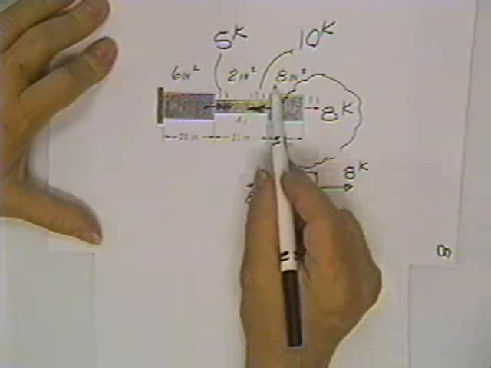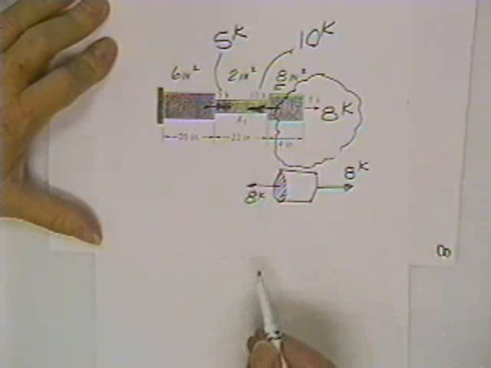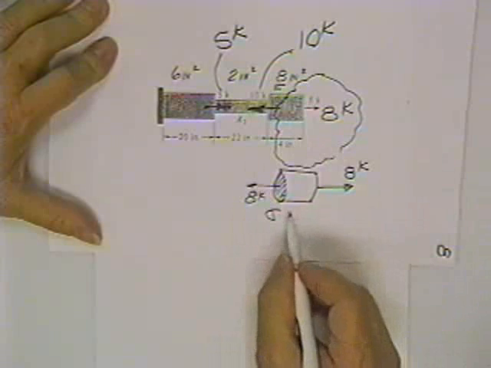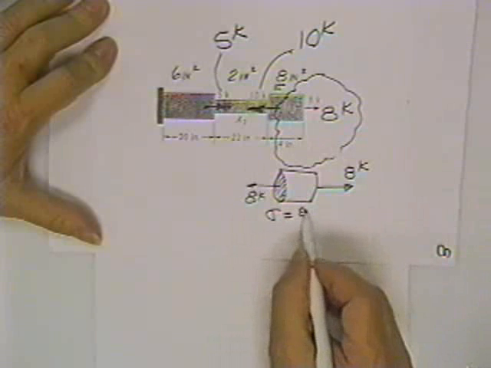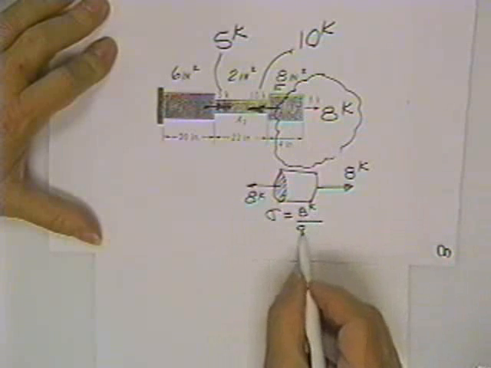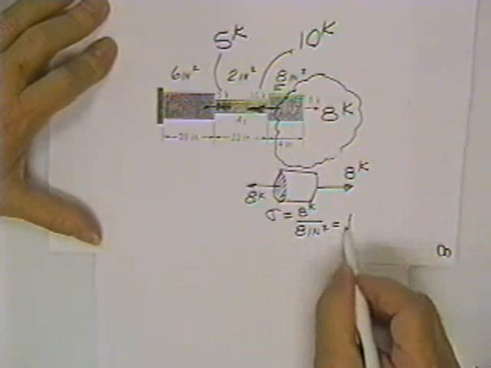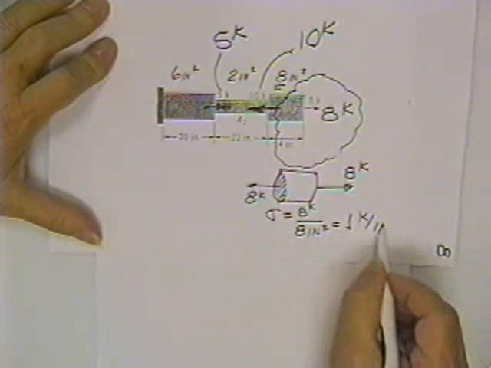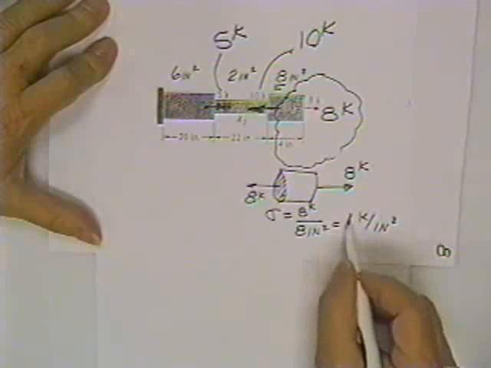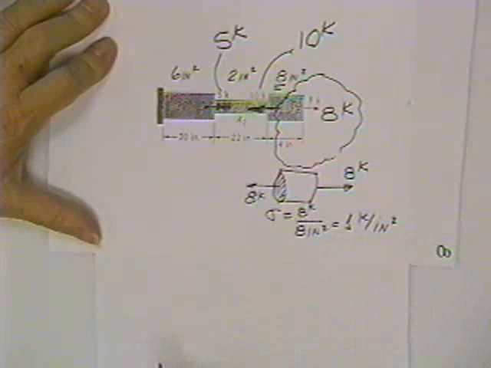The cross-sectional area is said to be 8 square inches. That makes it easy. So the stress in the first section is load divided by area, which is 1 kip per square inch, or 1,000 pounds per square inch.